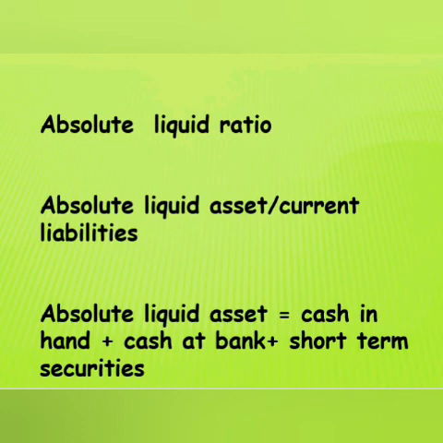So here these three items, cash, bank, and short-term securities, are more liquid than any other current assets. Here the ideal ratio is 50% or 0.5, and the formula for calculating absolute liquid ratio is absolute liquid assets divided by current liabilities, or cash plus bank plus short-term securities divided by current liabilities.